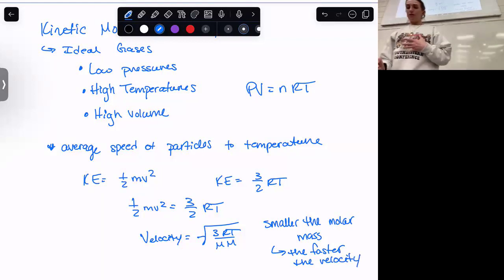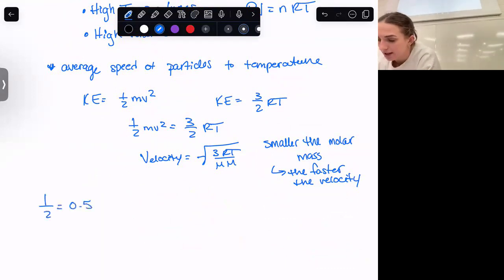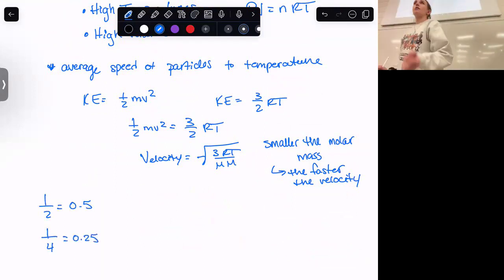If we think about this in terms of actual numbers, the smaller your denominator is, the bigger the number actually becomes. If we look at 1/2, this is 0.5. And if we look at 1/4, this is 0.25. So as our denominator gets bigger, the decimal gets smaller. So those are inversely related. So the smaller your molar mass, the faster it's going to be moving.